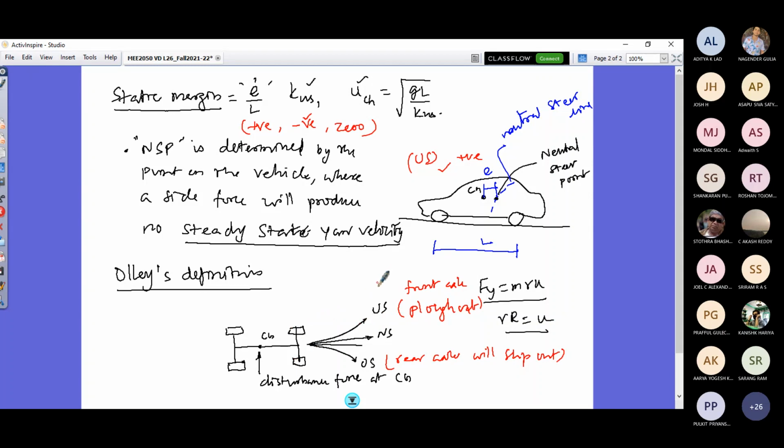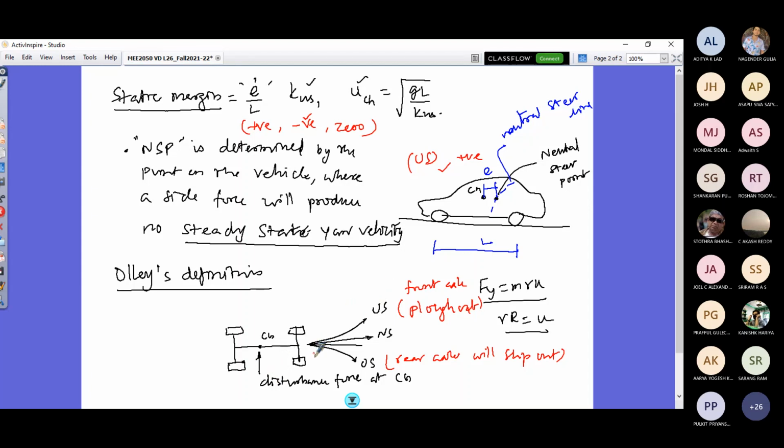So you are expected to correct your vehicle steering. On the other hand, if your neutral steer point is lying in front of CG, then what would happen is the rear axle will slip out, and the lateral acceleration would get added with this, and that would cause your vehicle behavior to change into oversteered behavior.